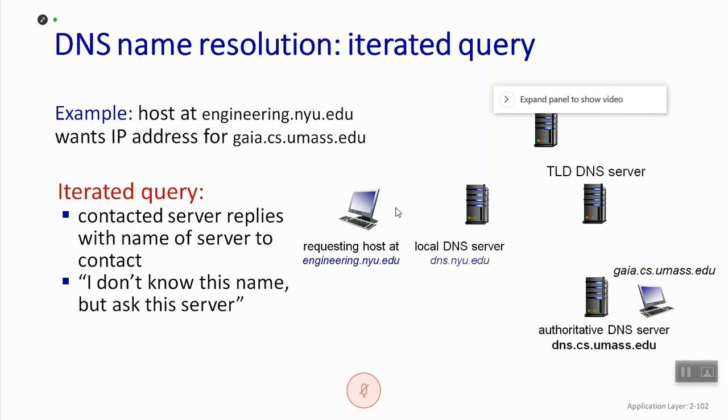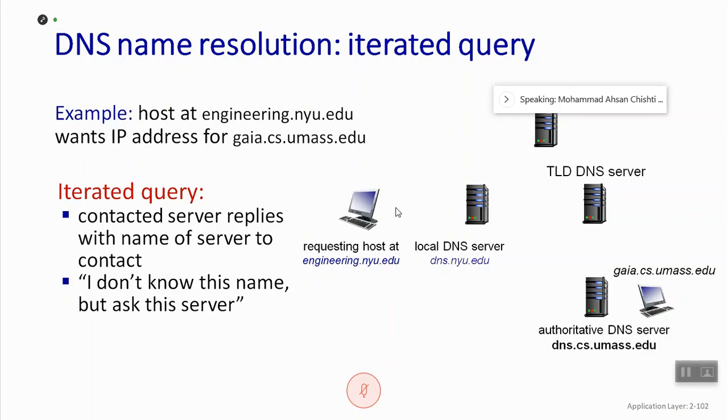If you are getting manual configuration or you are using DHCP for your IP address, then with this IP address, you get several other things. You get the IP address, you get the netmask, you get the default gateway, and you get primary and secondary DNS as well. So you would have these details available there.